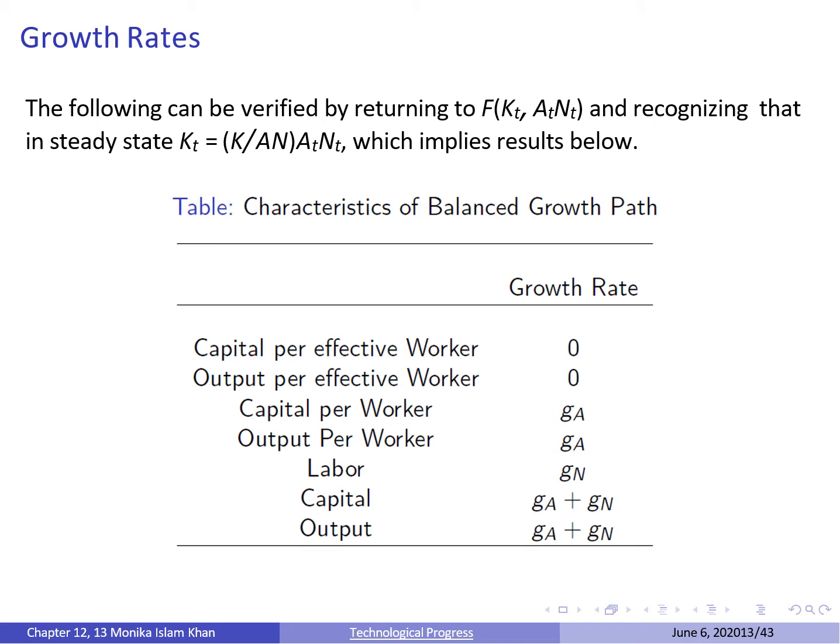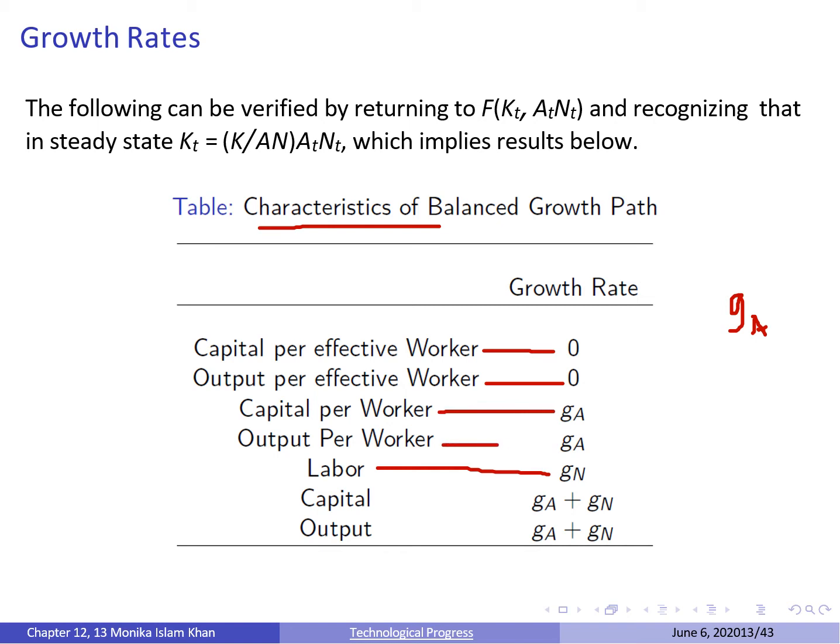This table here shows the characteristics of a balanced growth path, or characteristics of an economy at the steady state. So here you can see all the growth rates that we were talking about in the last few slides. Remember that technology is growing at gA, labor is growing at gN, capital per effective worker is not growing, output per effective worker is not growing, capital per worker is growing at the rate of technological progress.